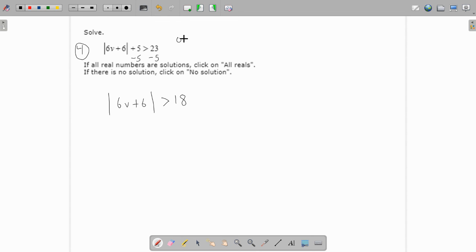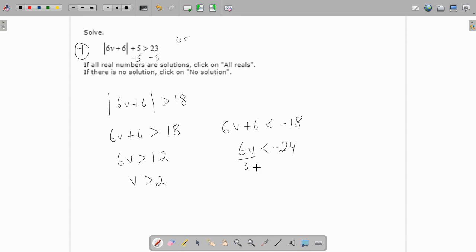So remember, this is going to be an OR. So we write 6v plus 6 is greater than 18, or 6v plus 6 is less than -18. And just solve. 6v is greater than, subtract 6, 12. V is greater than 2. Subtract 6. 6v is less than -24.